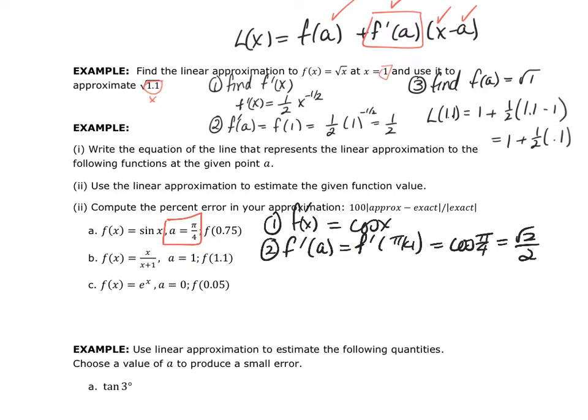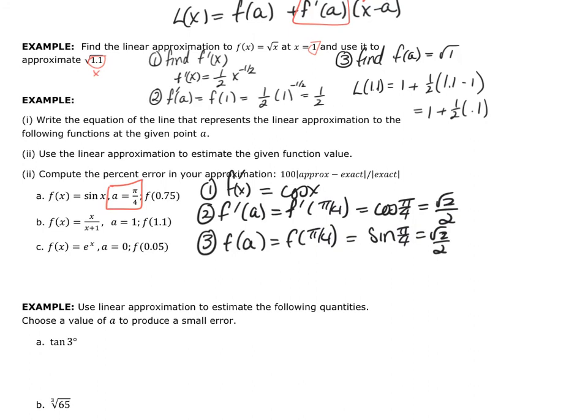Okay? The other thing that I need for the linear approximation is I need to find out what I started out with. So I need to find f of a. So f of a, in this case, is f of pi over 4. So I put that pi over 4 in my original function, so the sine of pi over 4, which is just equal to the square root of 2 over 2. Now I have everything that I need to do the linear approximation.